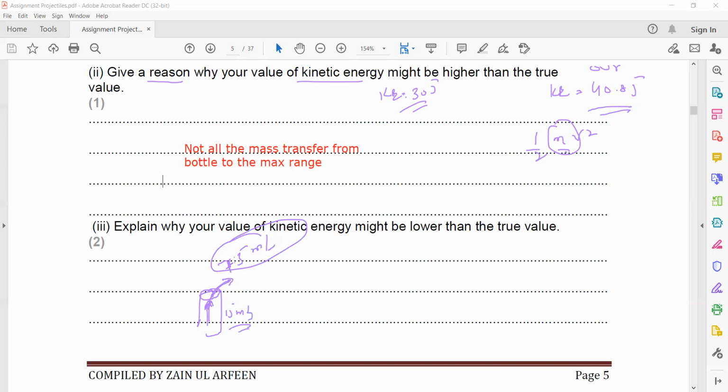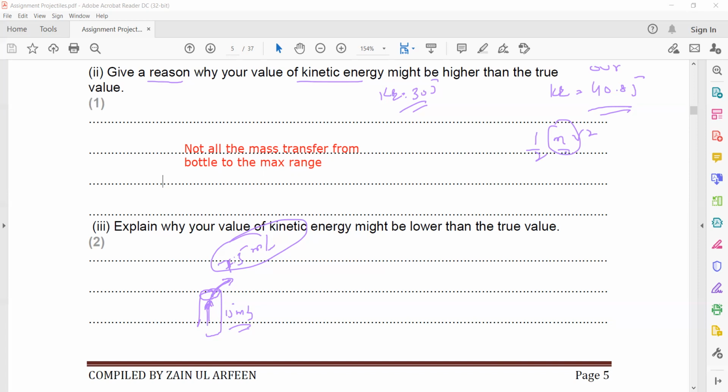Or we can also say air resistance. When we calculated the speed of the horizontal component, we ignored the air resistance, but in practice there will be air resistance. Is it clear?